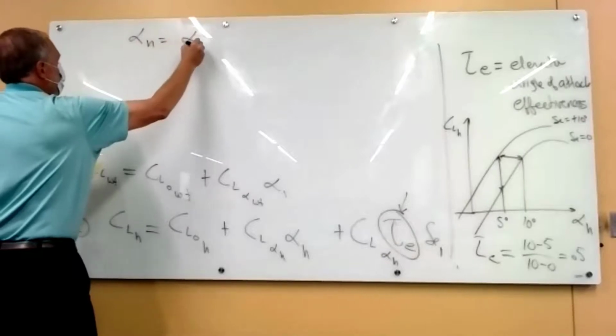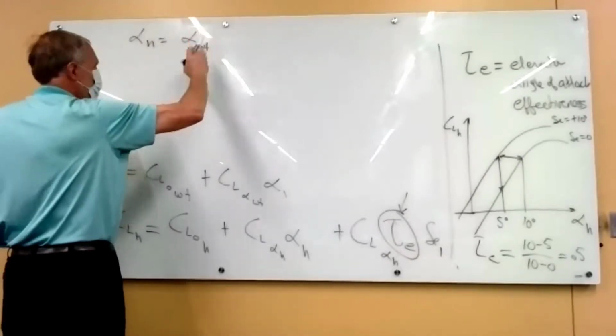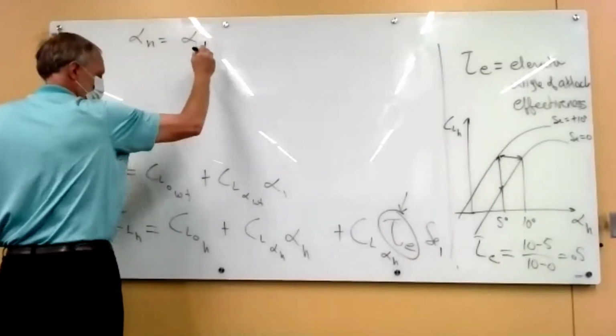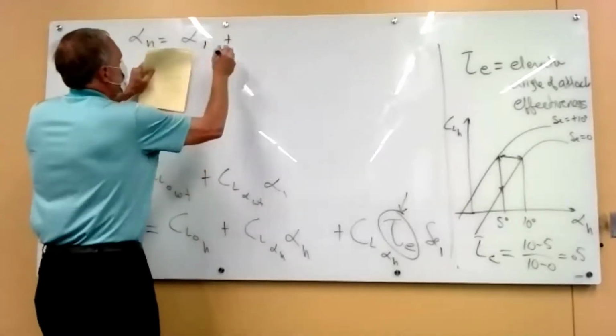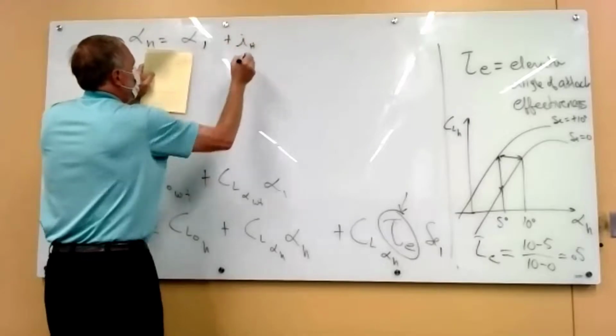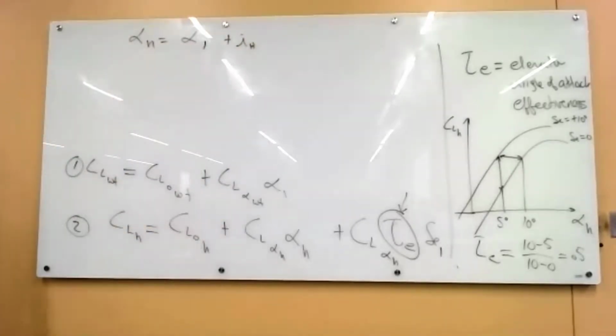So it's going to be the angle of attack of the wing fuselage, or it's alpha 1. But then it could be affected by the tail setting angle. And in this book, IH is positive tilting up.